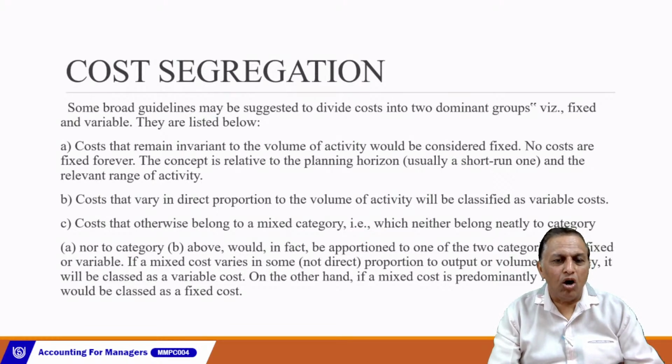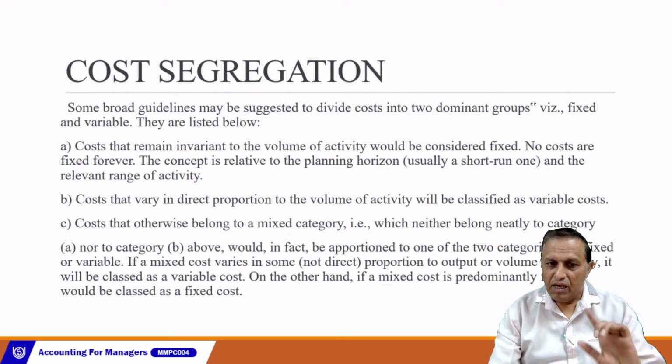If a mixed cost varies in some proportion to output or volume of activity, it will be classed as a variable cost. On the other hand, if the mixed cost is predominantly fixed, it would be classed as a fixed cost.